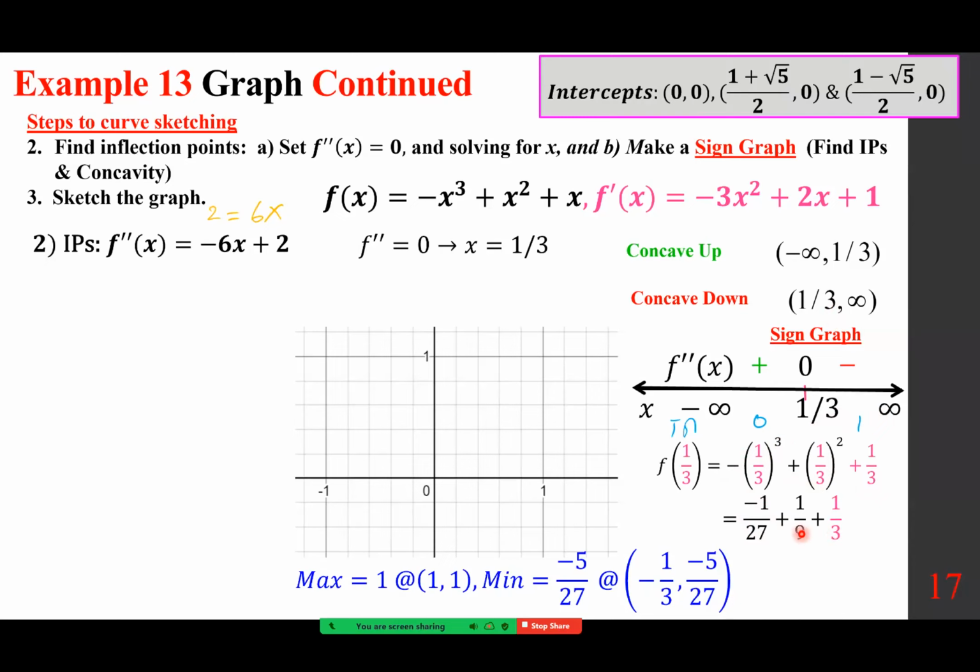So this is -1. This becomes 3. This becomes 9. They add up to 12 minus 1, or 11 over 27. So the IP takes place at (1/3, 11/27).